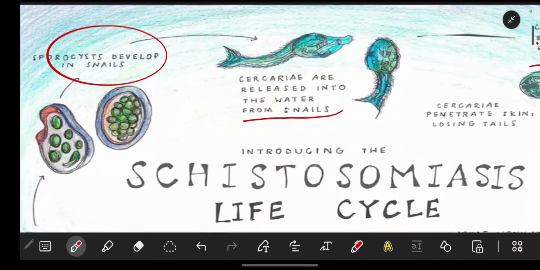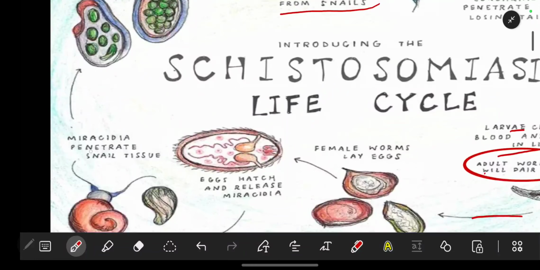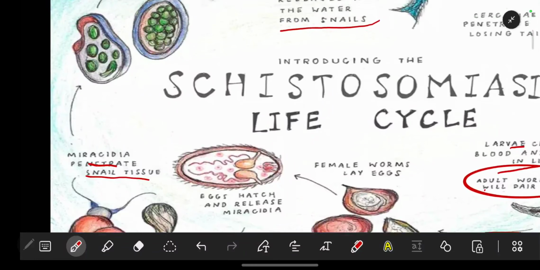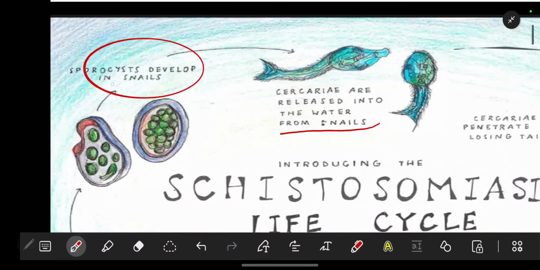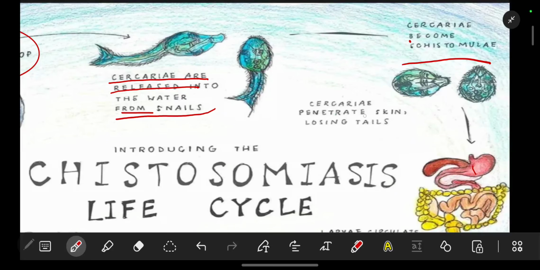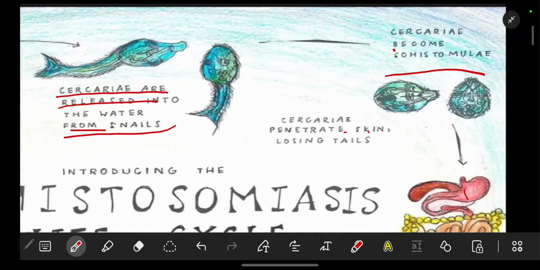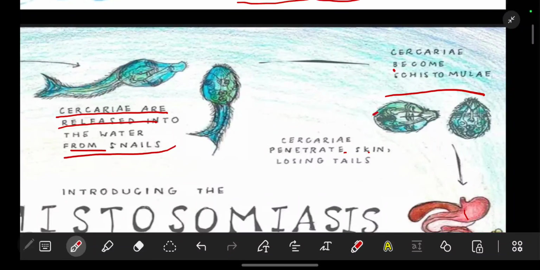You can look at a lot of diagrams like this one. Miracidia penetrates the snail tissue to become sporocytes, which develop in the snail to become Cercaria, which are released into the water from the snail. Then the Cercaria penetrates the skin. When the Cercaria penetrates the skin, they lose their tails.